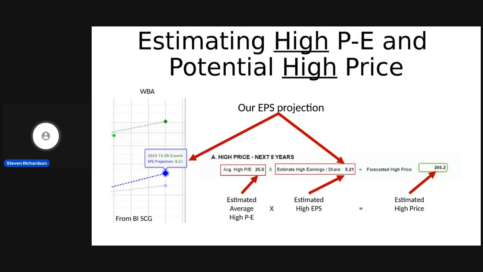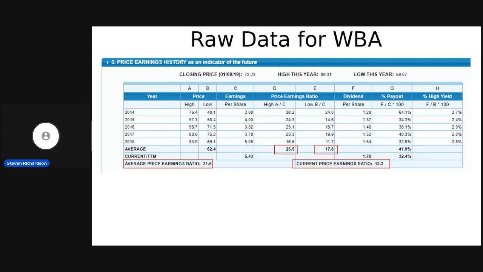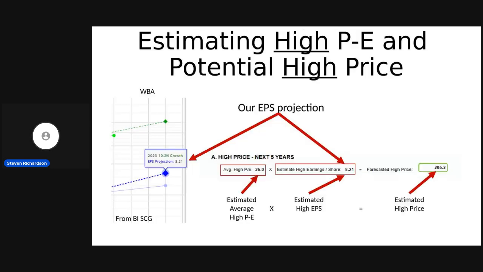Okay, so estimating the high ratio and potential high price. So let's say we were to choose 25 for the high, and recall I'm going back, the average high was 25.5. And this is in 5 years, keep in mind. With the current price ratio of 13.3, do you think it can get back up to 25? Possibly.